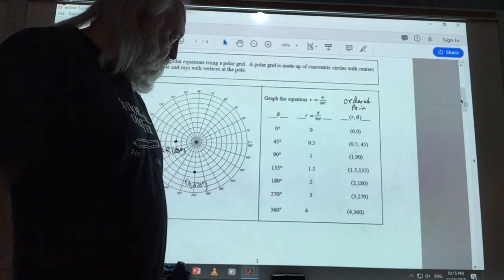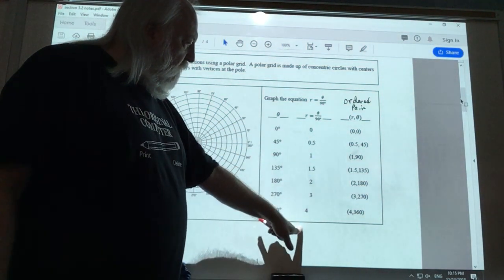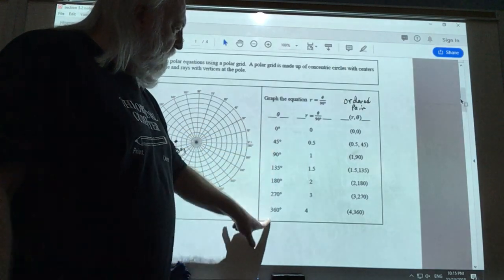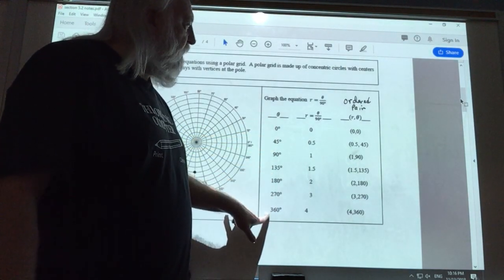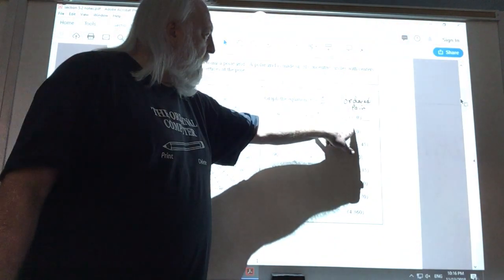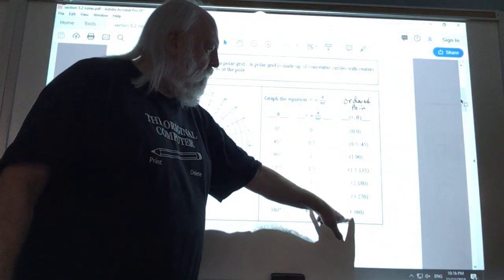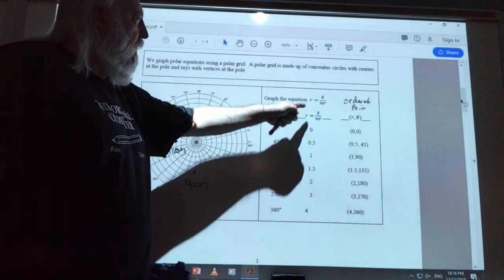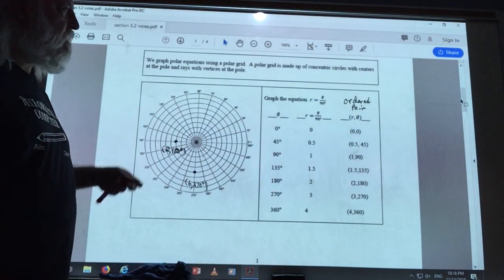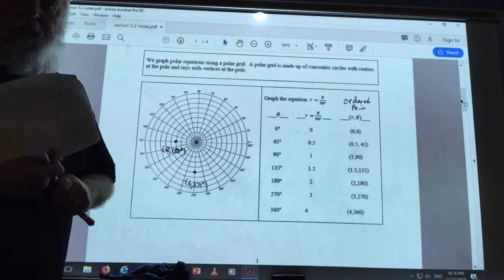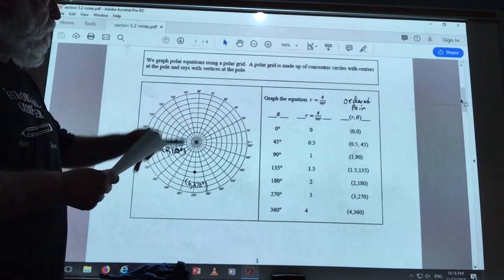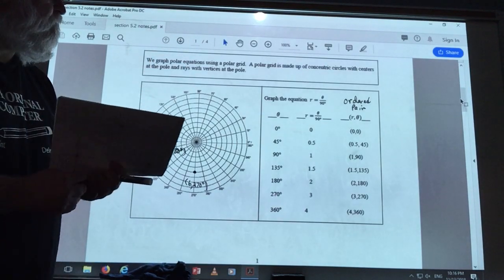I then form the ordered pairs, taking r and theta. To graph this equation, we plot the ordered pairs and play connect the dots, like we did up above with the squaring equation.